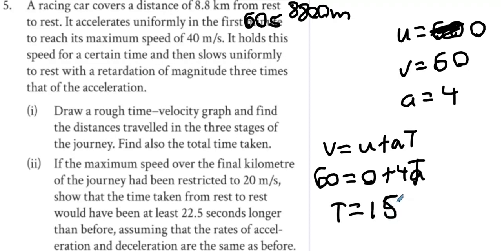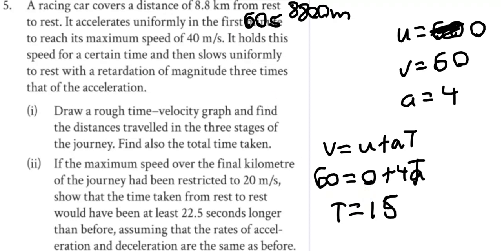Now, what would happen if we tripled the acceleration? What do you expect to happen to the T value? 1/3. The faster you accelerate, the less time you spend accelerating to reach your top speed.